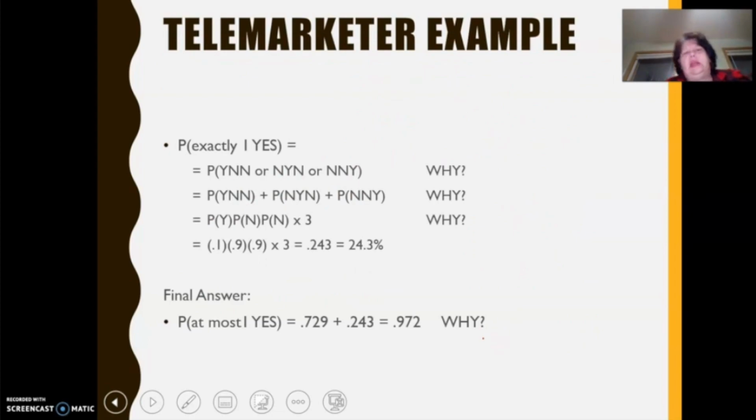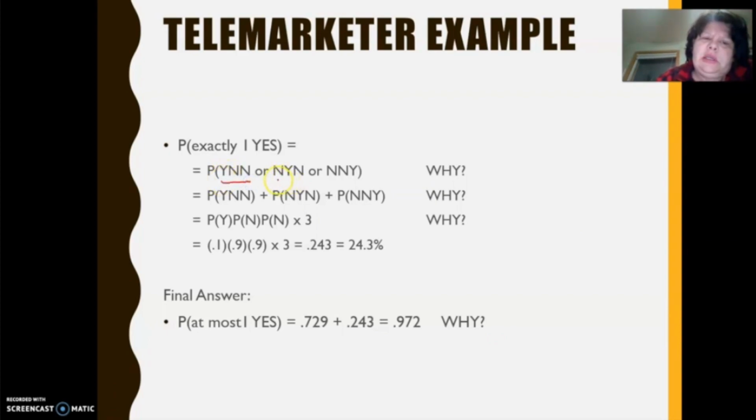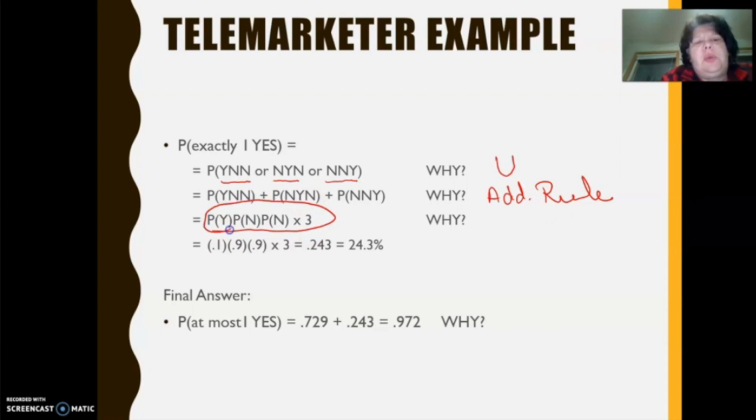So what's the probability of getting exactly 1 yes? Well, now you have to think about how many ways there are. You could get a yes first, you could get a yes second, or you can get a yes on the third person. And those are different because you're calling different people. And this is just a union probability that you're trying to find. And then you're going to use the addition rule to add their probabilities. Now this step here just means there's 3 of these probabilities and they're all the same.